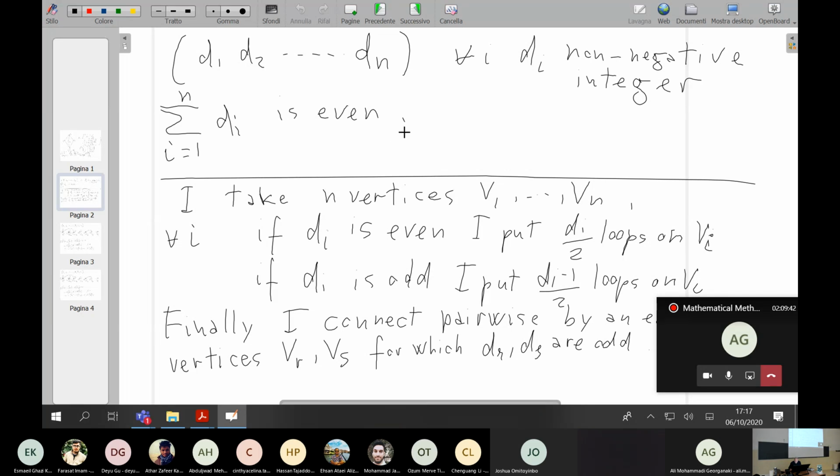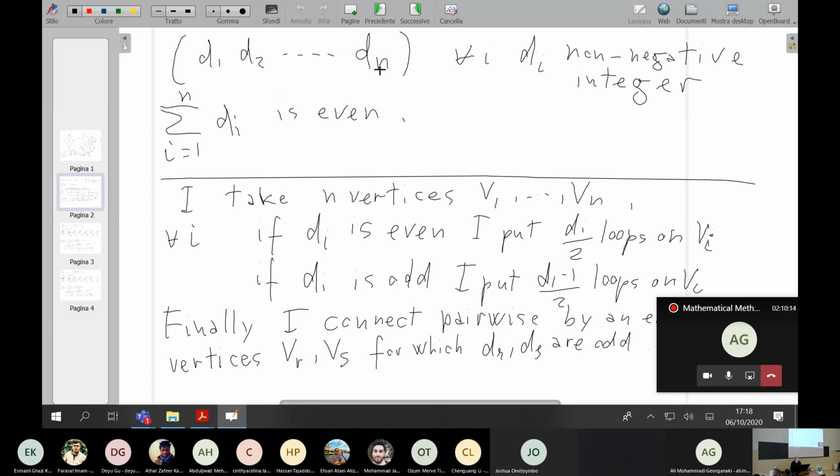And out of this, I must build an algorithm, a procedure, so that if you give to that procedure such a finite sequence, the procedure must output a graph for which these are the degrees of the vertices. First thing, understanding the problem well.